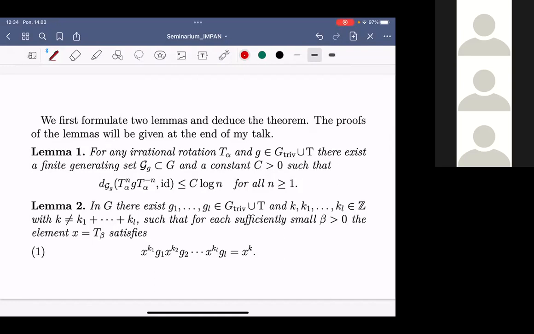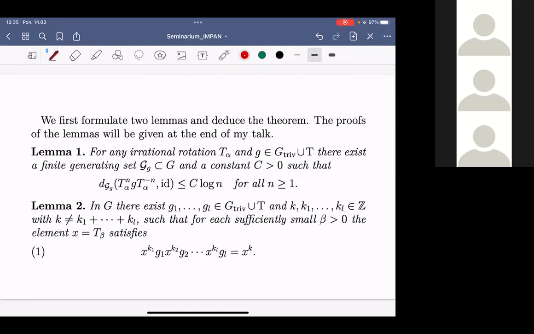Then there exists a finite generating set G in this group. We remember that G is either the group of piecewise-affine homeomorphisms or smooth diffeomorphisms.